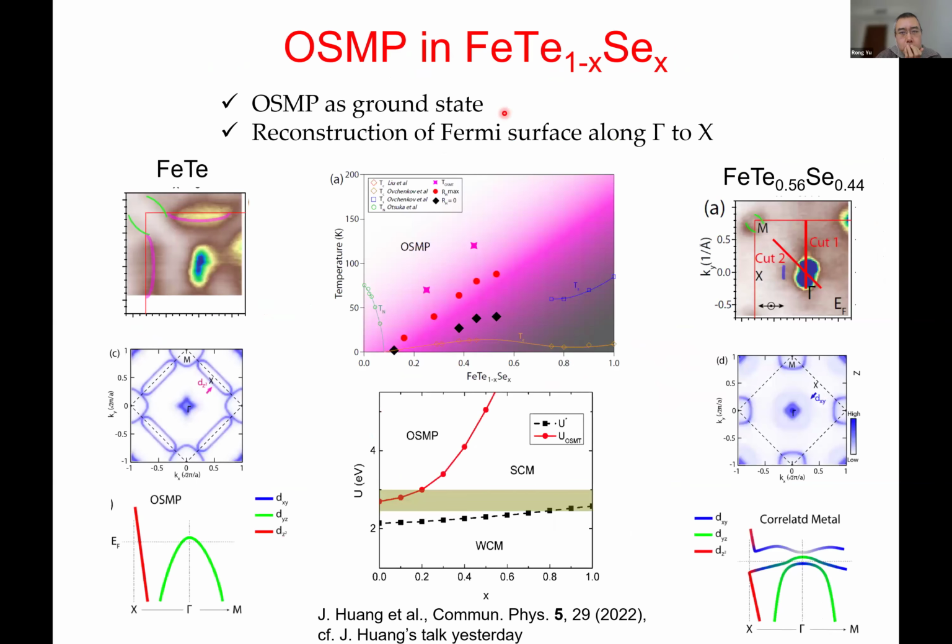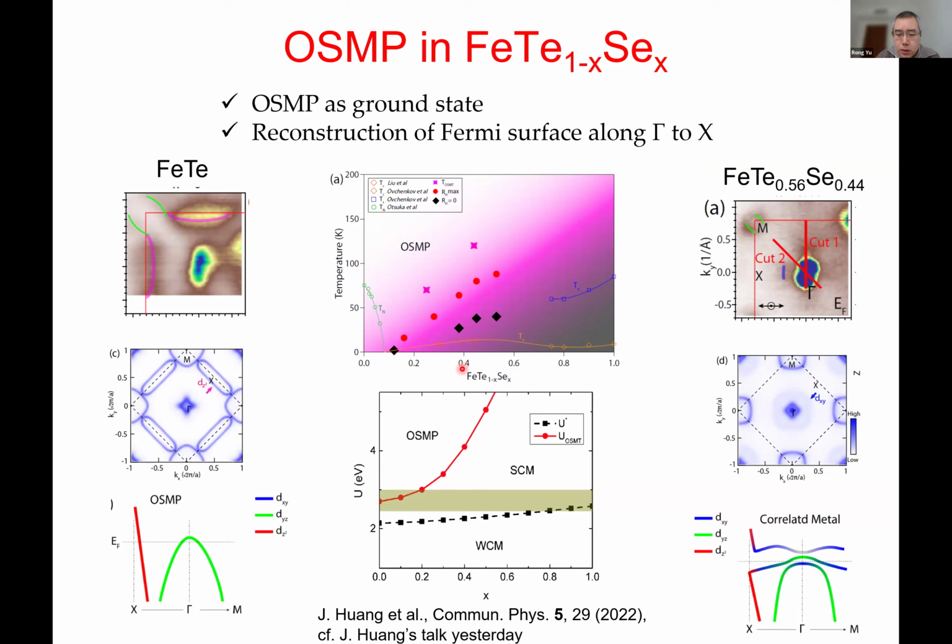Okay, so you mean probably this one, the iron telluride system? Yep, exactly. Here I think this is the so-called isovalent doping. It means that if we dope selenium into the system, these two ions have exactly the same valence, so that there's no electron doping to the system. So this actually changes the bandwidth of the system, or changes the hopping integral in the system.